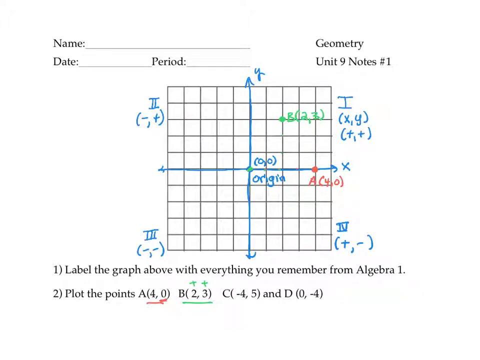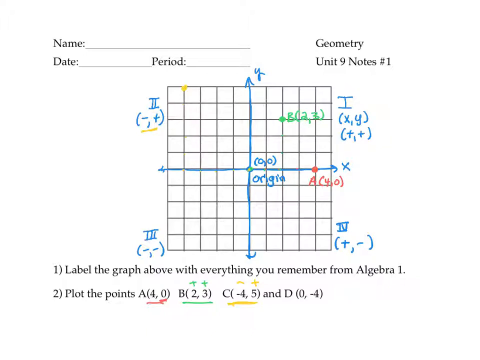For point C, we're graphing negative 4, positive 5, so obviously x is negative, y is positive. That's going to put us over here in quadrant 2. But again, we start counting from the origin. Left 4, 1, 2, 3, 4, and then up 5.